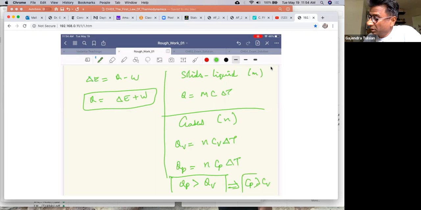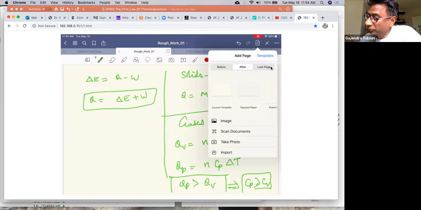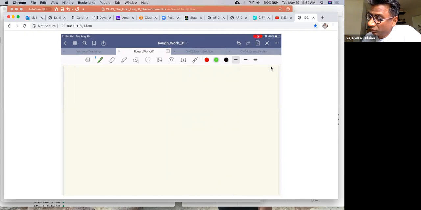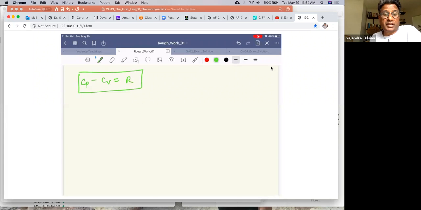What we're going to show, and you'll see in a few minutes, is that C_P minus C_V is equal to R for an ideal gas. That's how much greater it is.